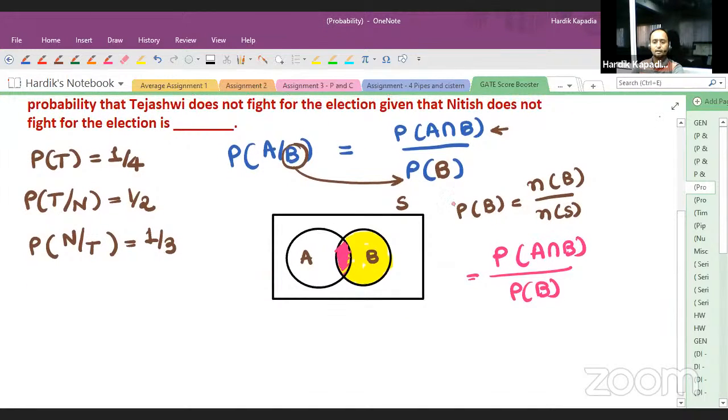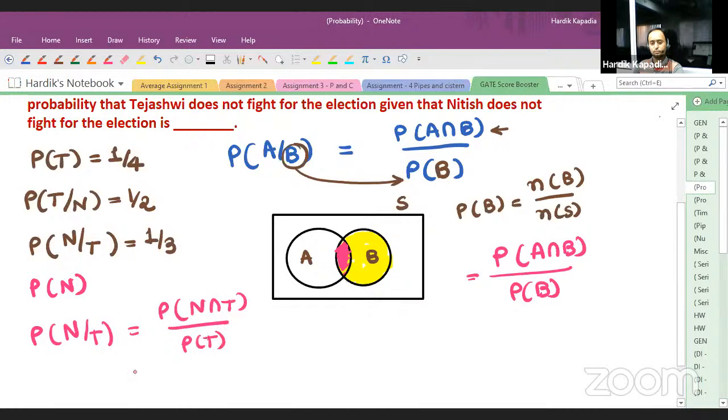So we require probability of N. For probability of N, we require probability of T intersection N. From probability of N given T, the equation is probability of N intersection T divided by probability of T. We have probability of T, we have probability of N given T, so that is 1 by 3.